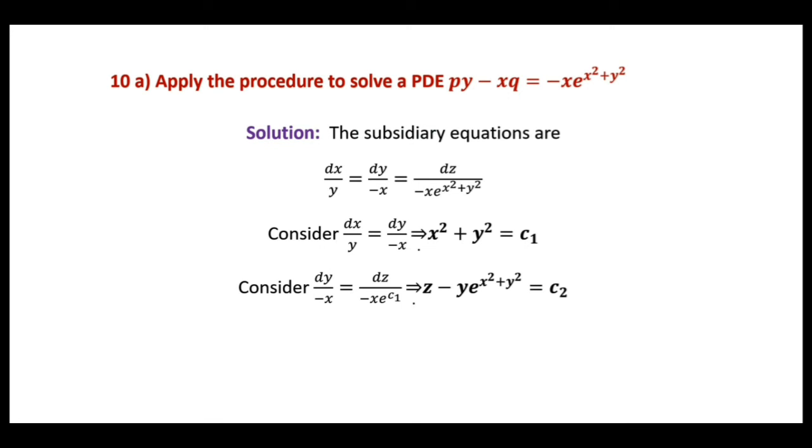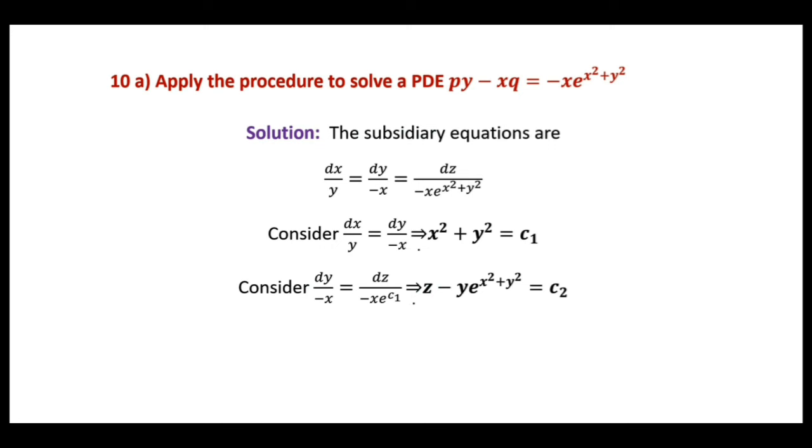You have dy = dz/e^(c1). The third variable is completely eliminated, so you have a variable separable. You have z − y e^(c1) = c2, where c1 is x² + y². So this is the second independent solution to the auxiliary equation.